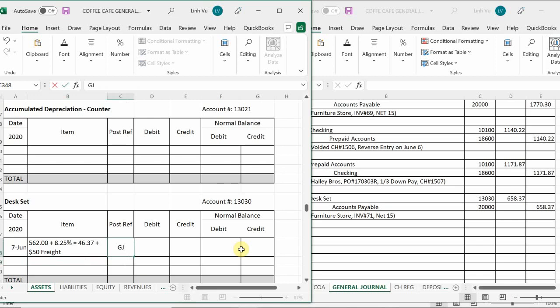We are journal number 2, and I acquired the asset for $658.37 on the 7th. What number line are you on? 'Cause I can't find it. Oh, never mind. I just found it. Okay.